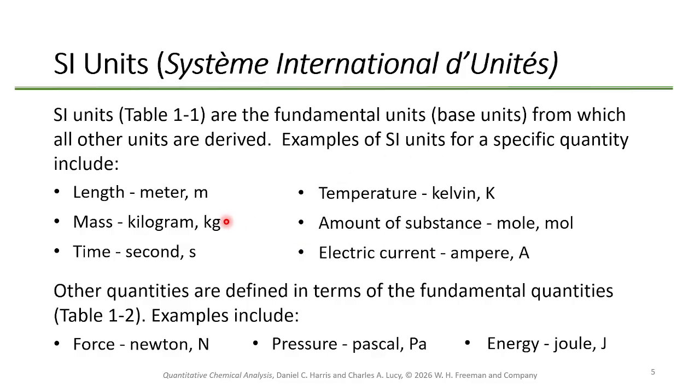The examples of your SI unit for specific quantities are these ones right here. Here we have length, which is the meter, mass, which is the kilogram. Kilogram is actually kind of unique because it's one of the few, actually I believe the only one if I remember correctly, that has a prefix. Every other unit does not have prefixes.